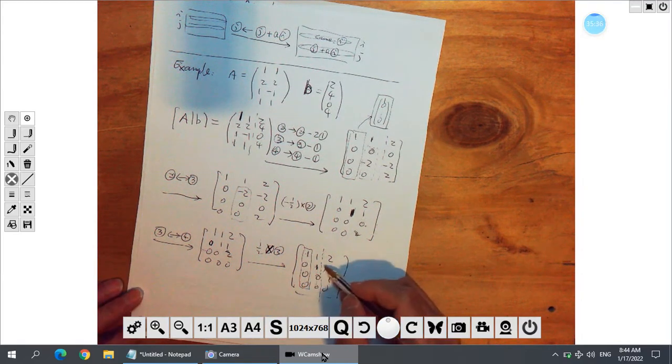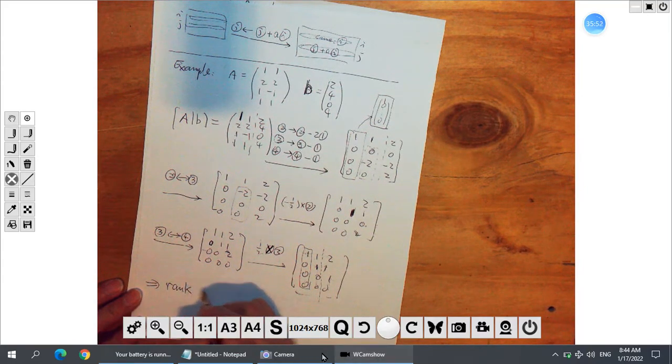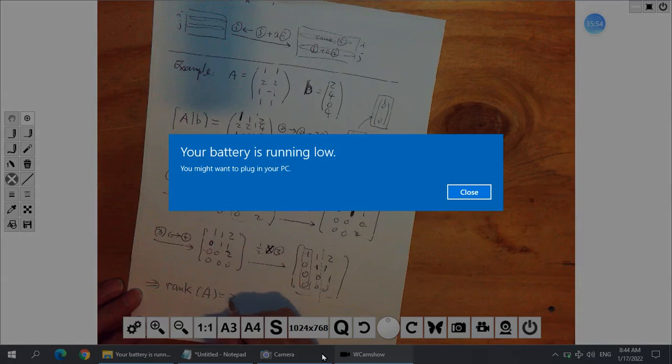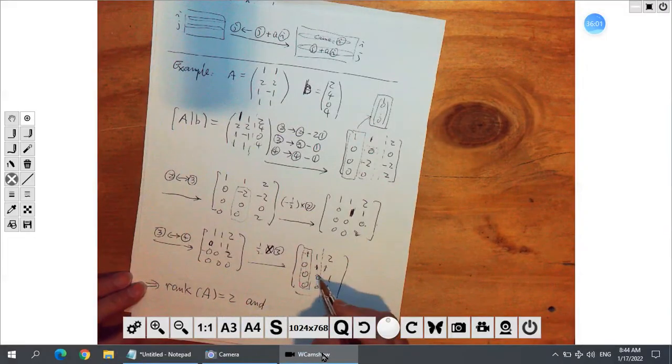And then you put A and B together: first, second, third, you have 3 rows that are not zero. So for the whole matrix, the rank is 3. So we have the rank of A equal to 2, and the rank of A combined with B is 3.